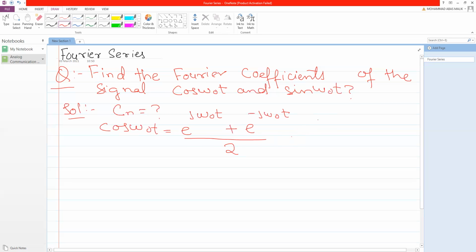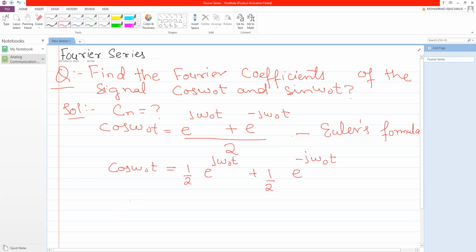This is by Euler's formula. So what you will do, you will write this as 1 by 2 e raised power j omega naught t plus 1 by 2 e raised power minus j omega naught t. So this is cos of omega naught t.